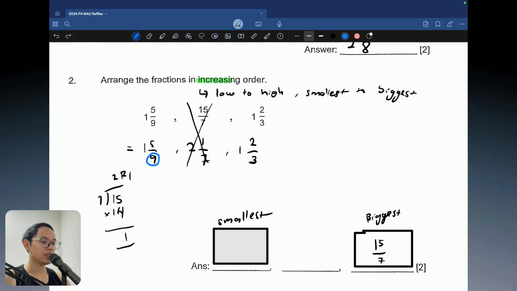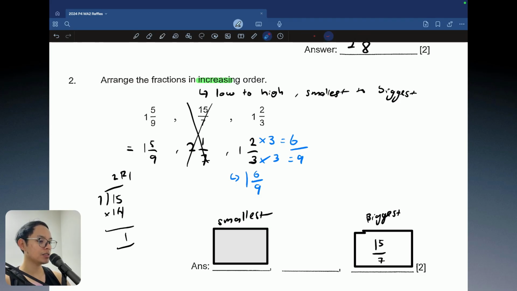So can 3 times something be equal to 9? If you guessed it, 3 times 3 is equal to 9. So if we multiply the denominator by 3, then the numerator can be multiplied by 3, which is 6. So this 1 2 out of 3 is equal to 1 6 over 9.